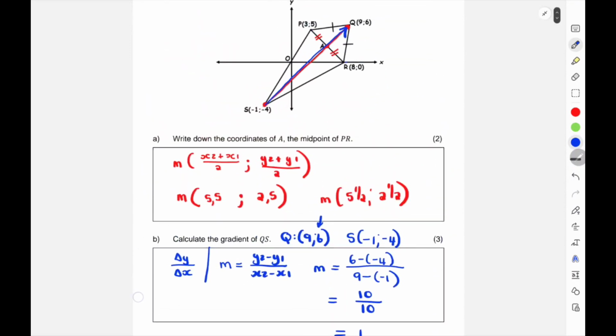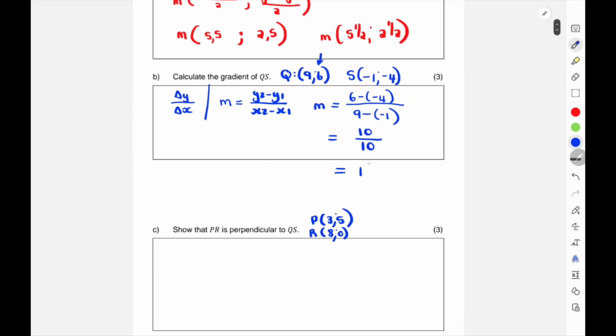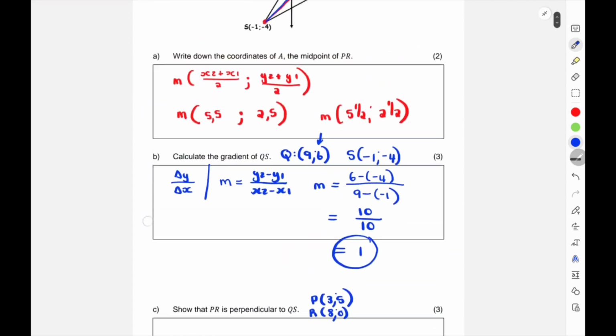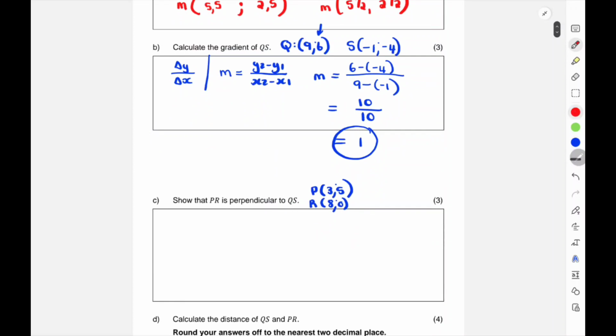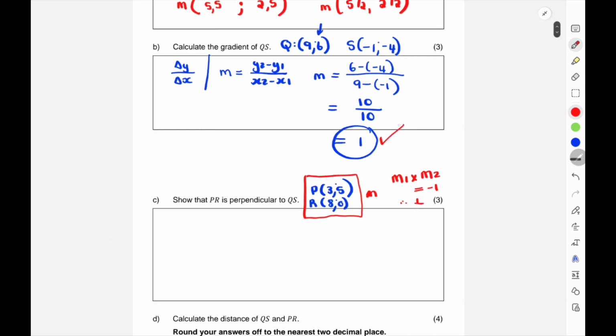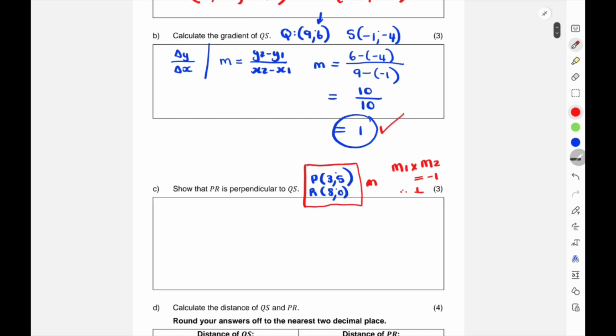I've already worked out QS's gradient, so I'm not going to do that again. Basically, what I want to do is work out the gradient of PR. And then, remember, if the gradient of the one times the gradient of the other gives me -1, it means that they are perpendicular. We already have the gradient of QS.